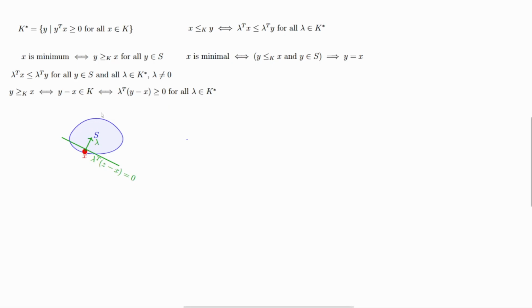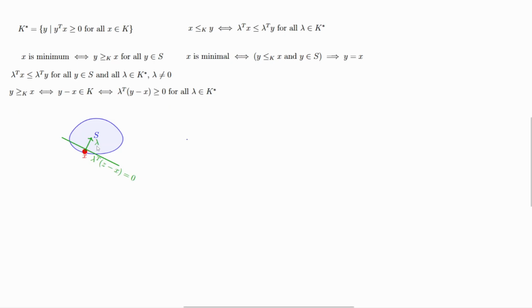So when we see that lambda transpose (z minus x) equals 0, remember that's the equation of a hyperplane. So the hyperplane is a supporting hyperplane to S, and so every element in S is on the right side of this hyperplane. It's a little bit offset in the picture, but hopefully you get the idea.